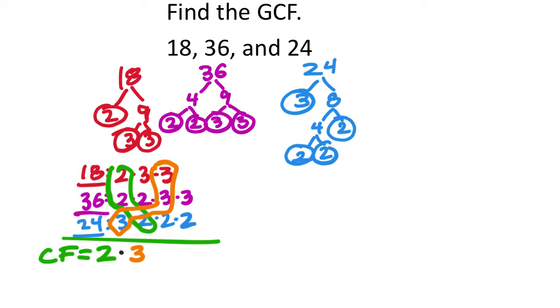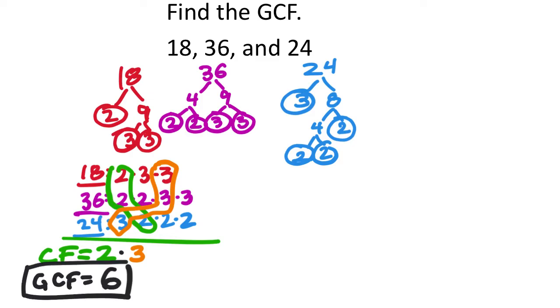So while they exist, they don't have any common factors to be put into the list. Which then leads us to the greatest common factor is just the multiplication of all of the common factors. 2 times 3 is 6. So 6 is our greatest common factor on this problem.